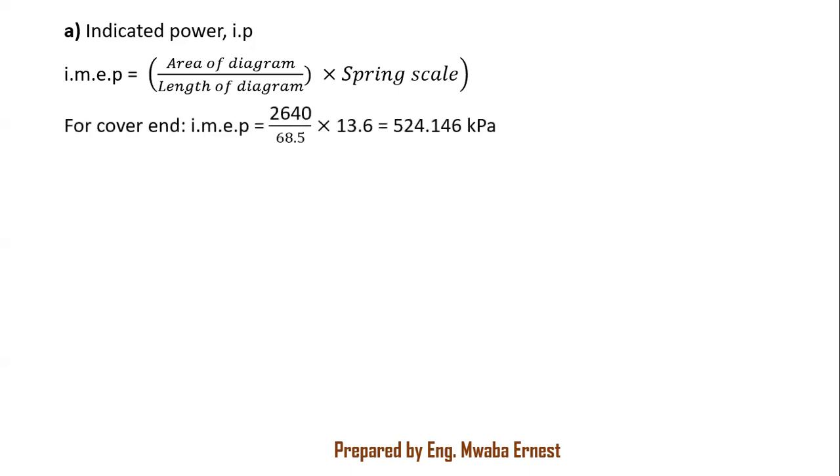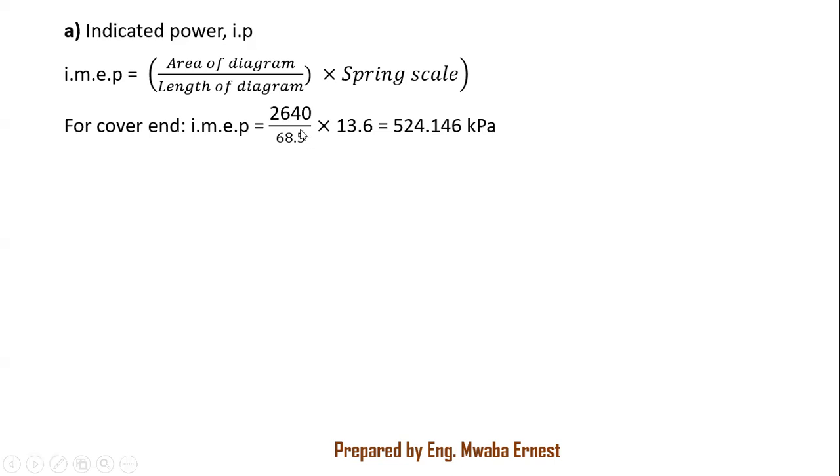So let's start with the IMEP for the cover end. This is the indicated mean effective pressure. So we're saying 2640 over 68.5. The units are all in millimeters, so they are sorting each other out, times 13.6. The area of the diagram for the cover is 2,640.